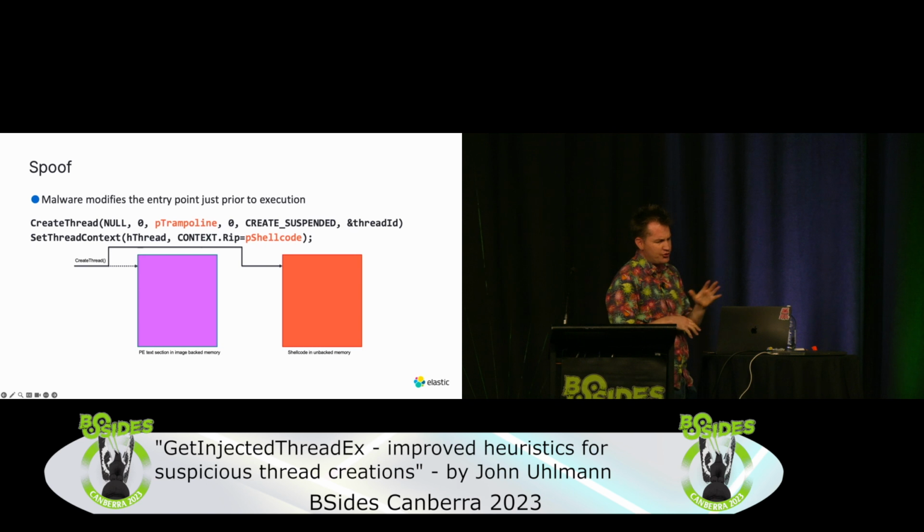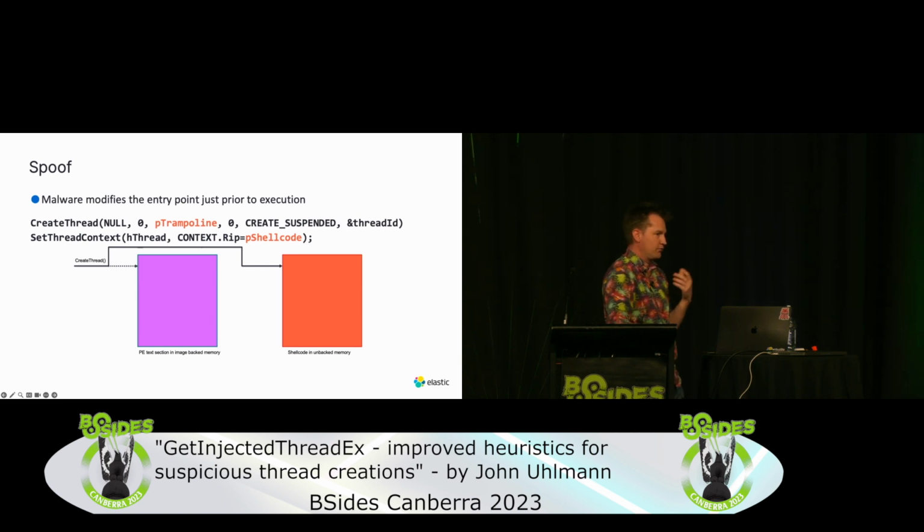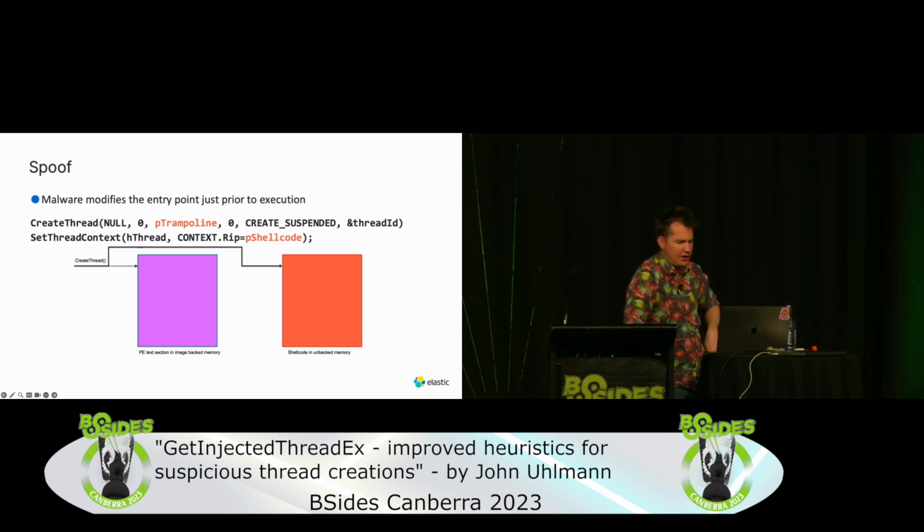What I said earlier was true, but it's also not quite the whole story. The thread notification callback is called before the thread starts, and it turns out that you can make some modifications to the thread state before the thread is executed. It's not even a race condition. The OS will just let you do it.